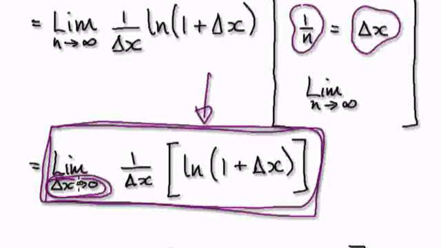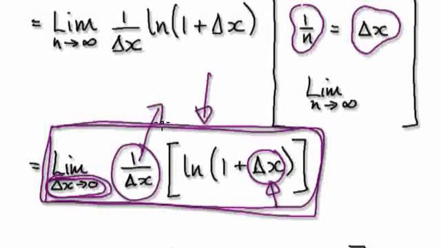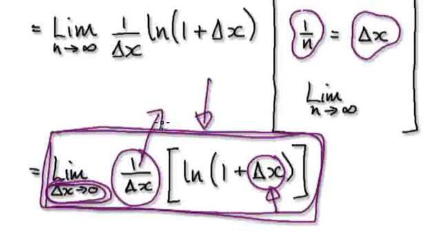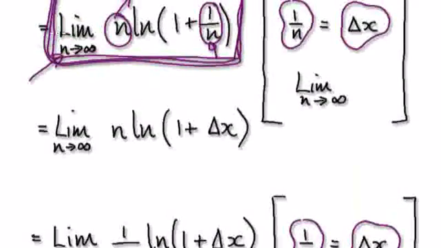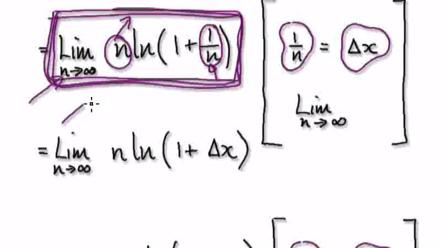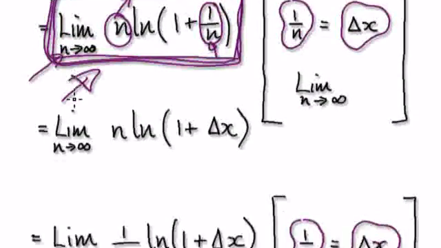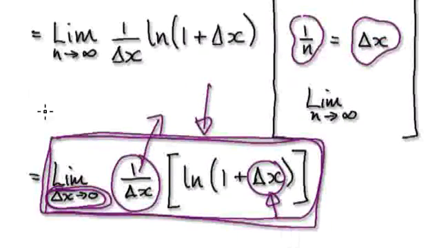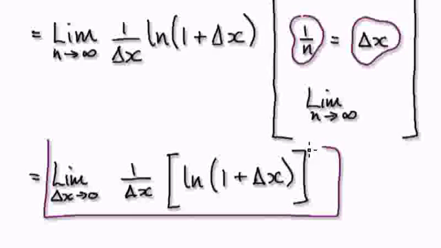As this thing gets smaller and smaller, this thing here will get smaller and smaller, and this thing will get bigger and bigger. So everything's consistent, and we can say that this here is the same as this. We're going to continue from here in the next video.